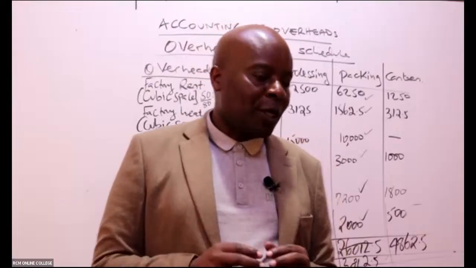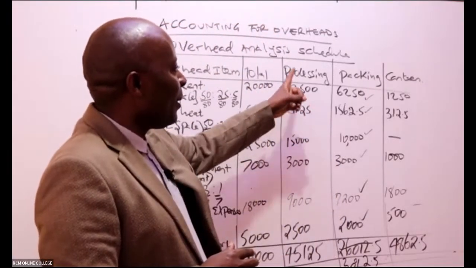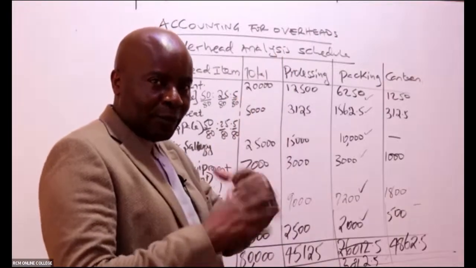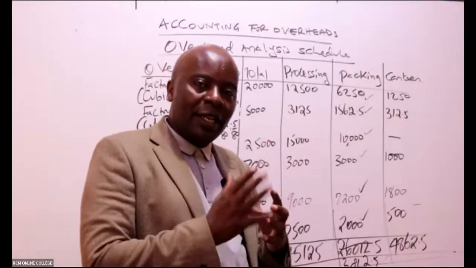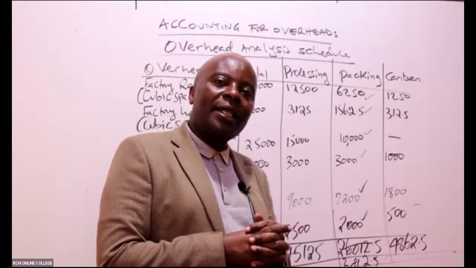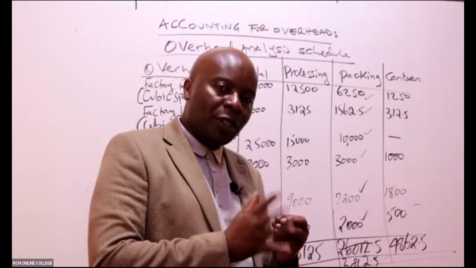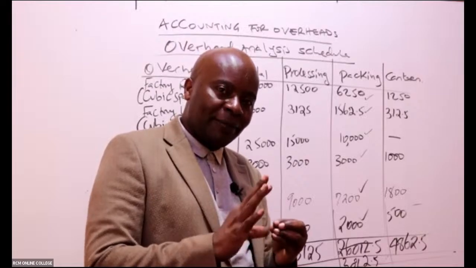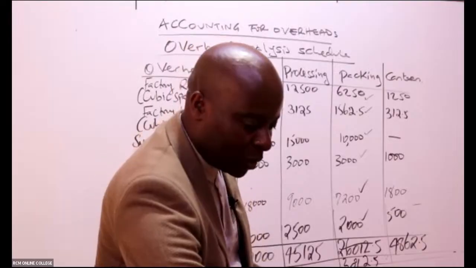If you look at, for example, here, ladies and gentlemen, processing is a major department, because we are processing the goods. In packing, we are adding value. But when you look at the canteen, it does not come directly close to the products. Canteen is what we call a support department.